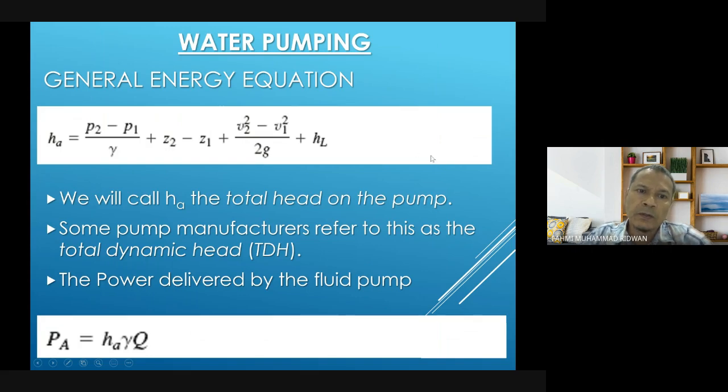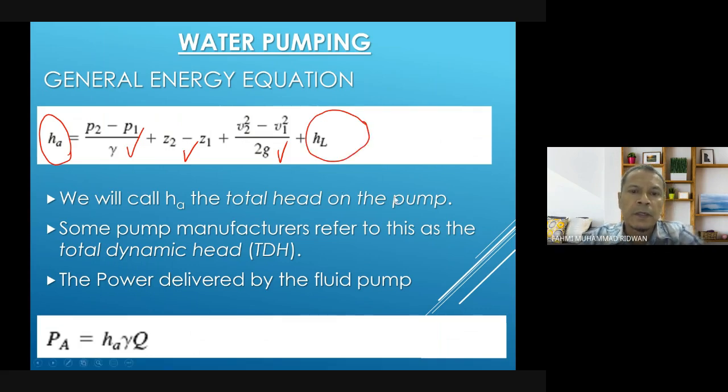Actually, here we have the head loss, which is determined by the pressure head, the velocity head, and the elevation head, plus also the head loss inside the pipe by friction.